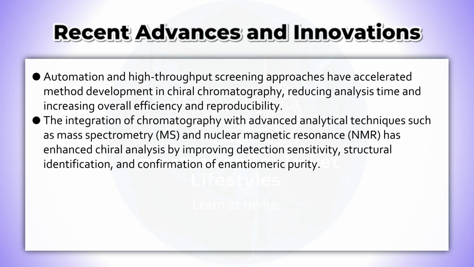The integration of chromatography with advanced analytical techniques such as mass spectrometry, MS, and nuclear magnetic resonance, NMR, has enhanced chiral analysis by improving detection sensitivity, structural identification, and confirmation of enantiomeric purity.